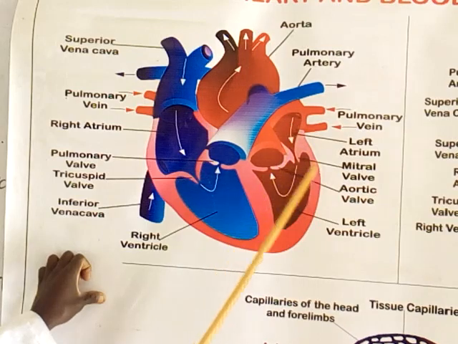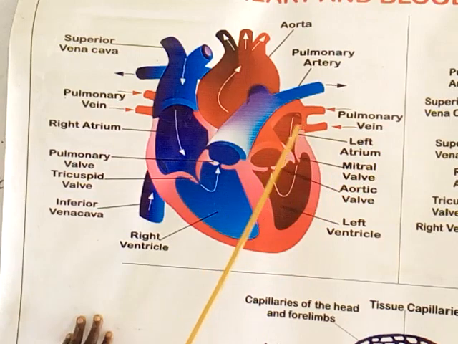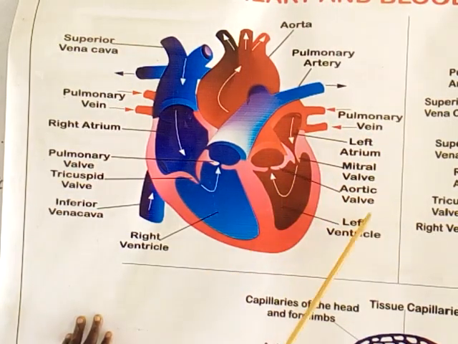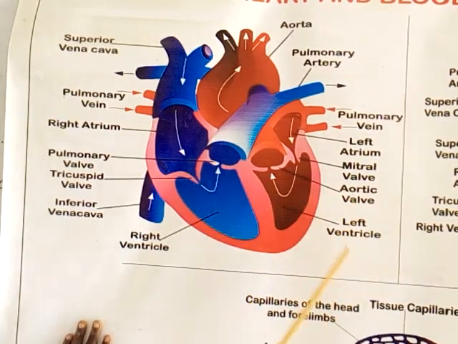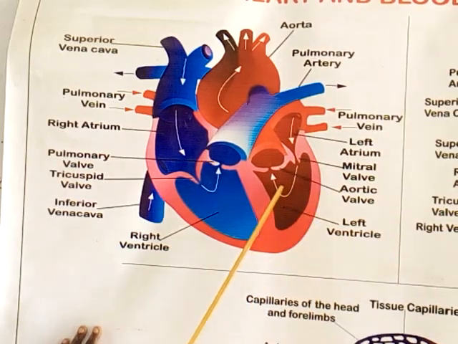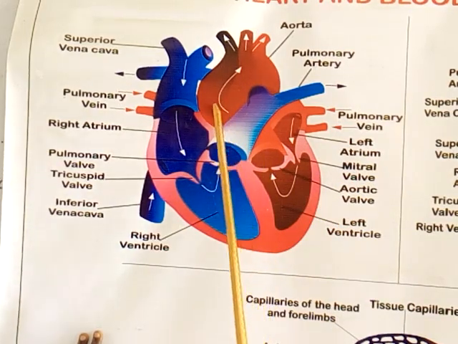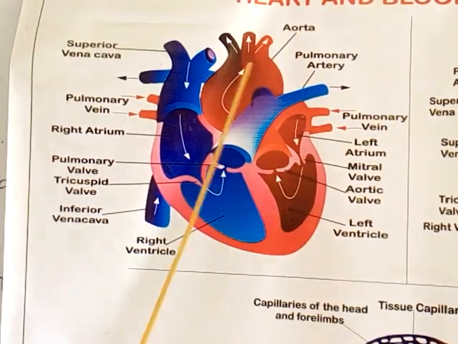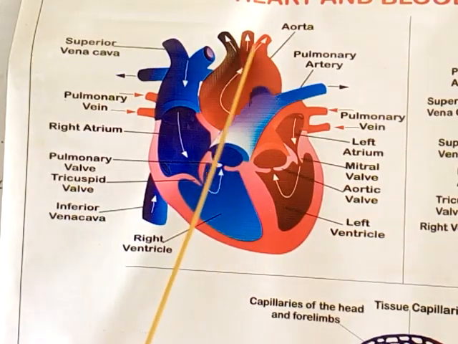After getting to the heart, it first flows into the left atrium. After that, it is allowed to get into the left ventricle. Because, as we said, the left ventricle is thick, the blood is pumped at high pressure through the aorta to all parts of the body. The parts of the body can be your stomach, the kidney, and so on.